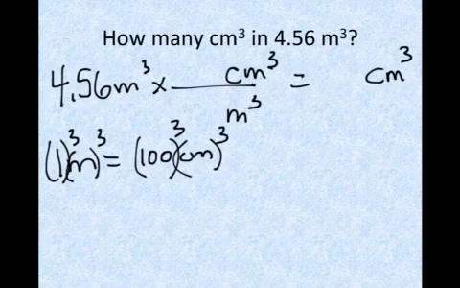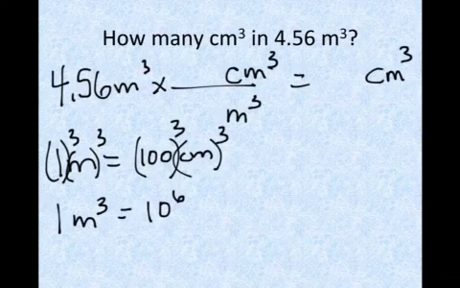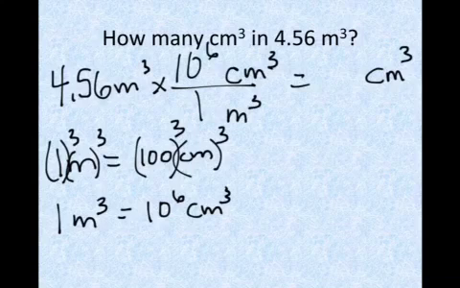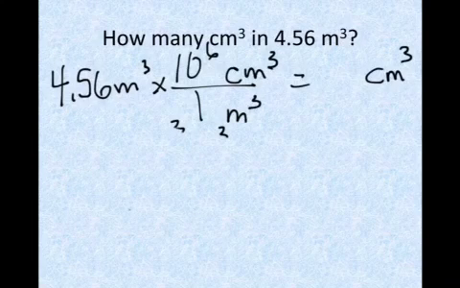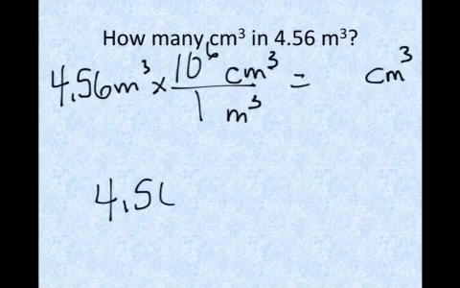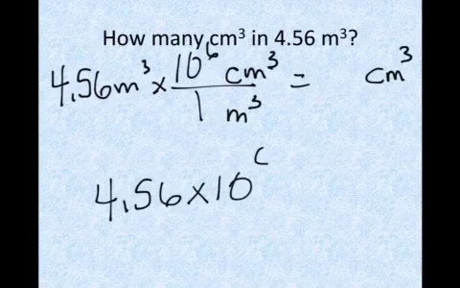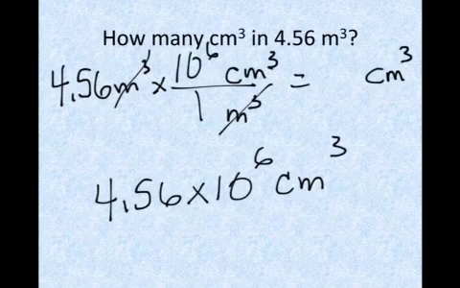And when you do that, 1 cubed is 1, meters cubed is meters cubed, 100 cubed is 10 to the 6, and centimeters cubed. And then you put this in, 1 meter cubed, 10 to the 6. And this becomes a fairly straightforward problem: 4.56 times 10 to the 6 centimeters cubed, because those cancel out.